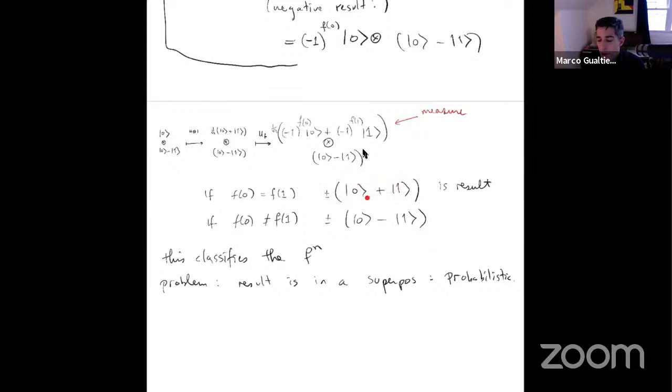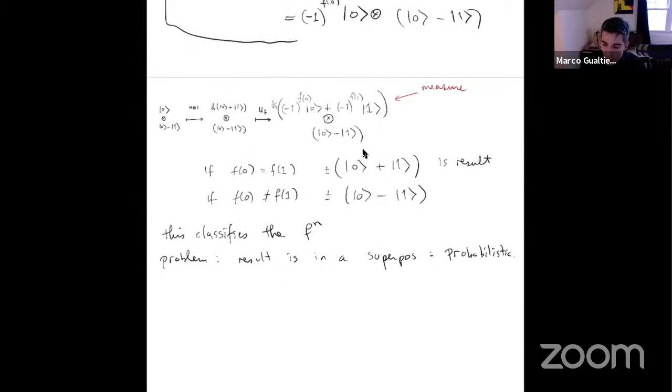And if you measure this, then you don't know whether it's going to be on or off. It's 50% probability. And if you measure this one, it's also 50% probability. So even if you repeat the experiment a million times, you're never going to be able to classify, because even though the two states are different, the probabilistic results are the same.